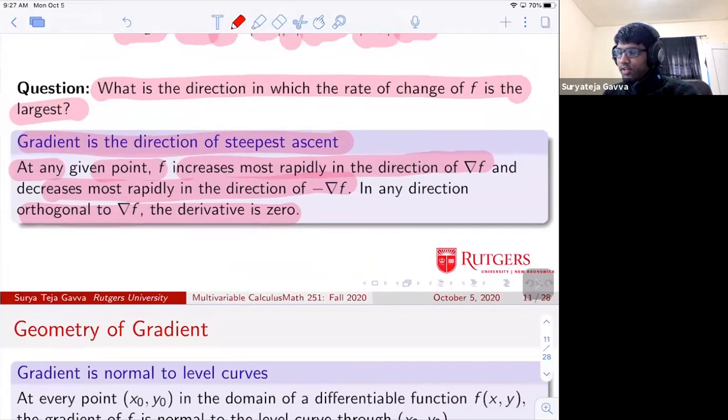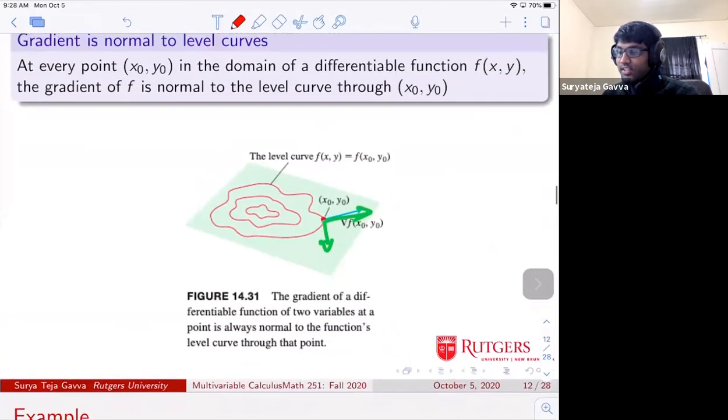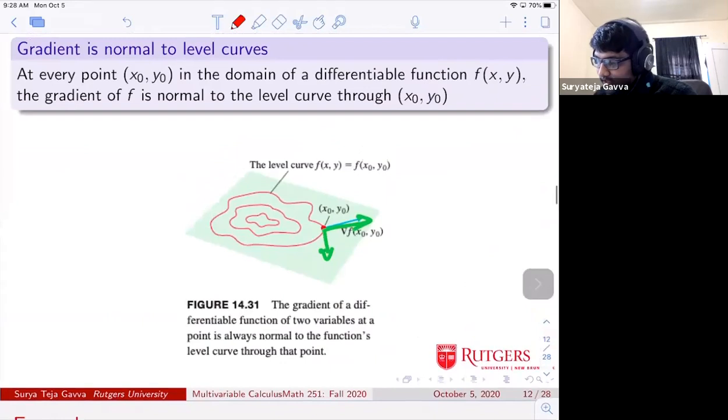So any direction which is perpendicular to the gradient f means that the derivative is 0 along that direction. So that means the function doesn't change along those directions. If you move along here, the function doesn't change. So those are the curves along which the value of the function is constant. Such curves are called level curves or the contour curves, right?